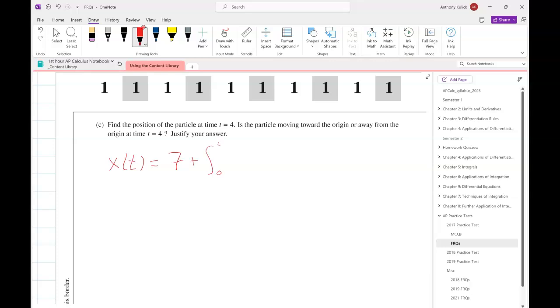And then I have the integral from 0 to 4 of v of t dt. When I do that in my calculator, I get something like this. One point was to remember the plus 7 there. One point would be for this. One point for that.